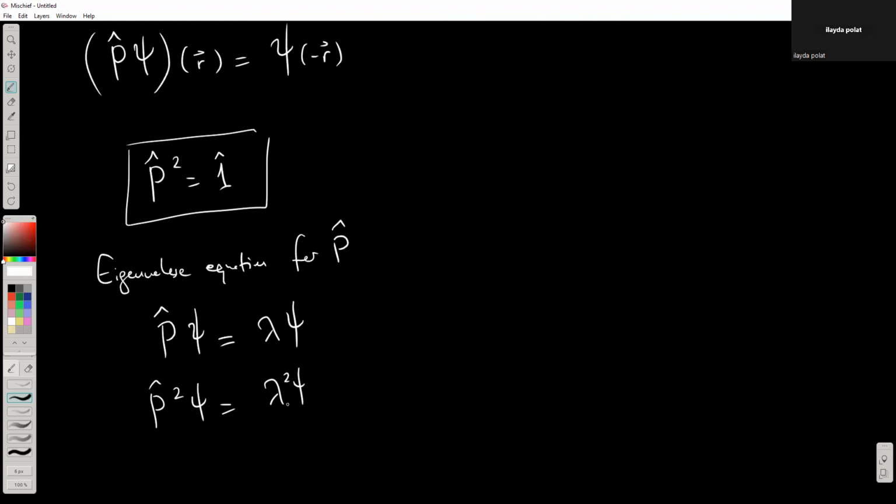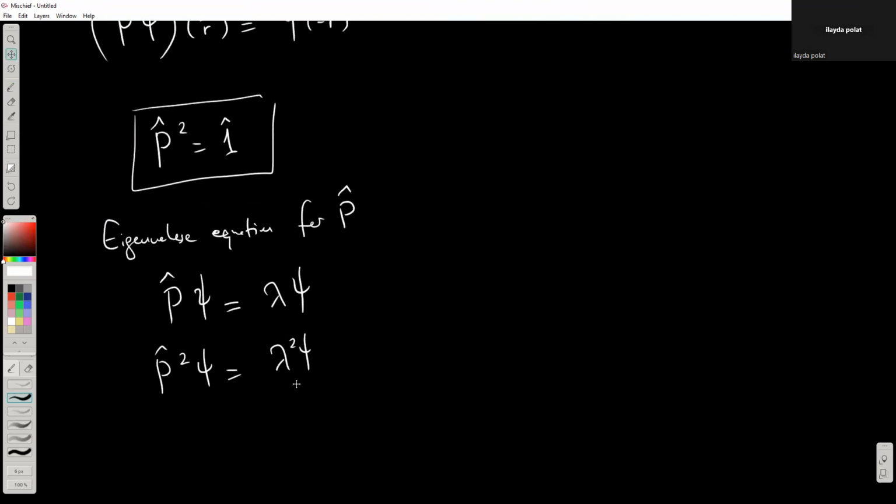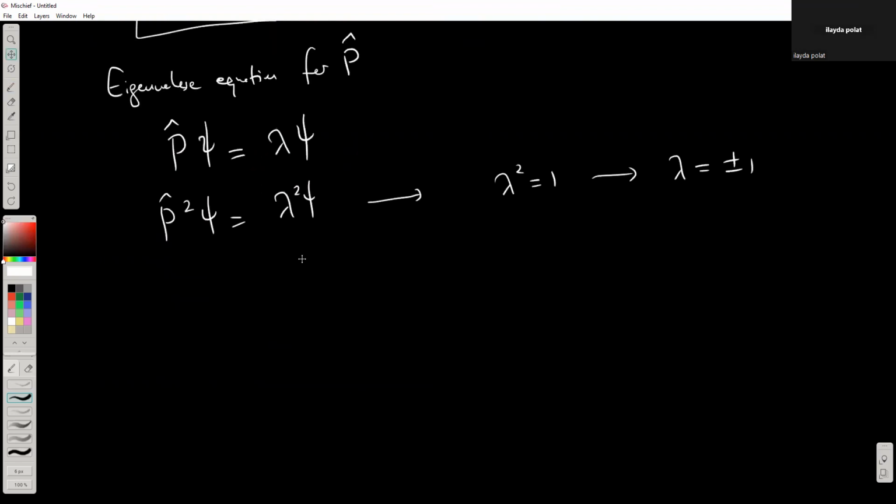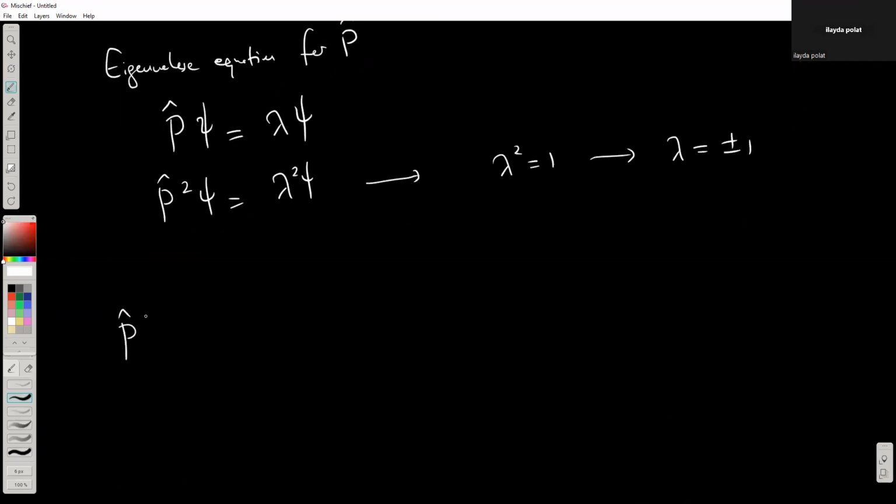If I apply P twice, I'm going to get the eigenvalue twice. But since P squared is equal to identity, this implies that lambda squared is equal to 1, which implies that the eigenvalue is either +1 or -1. Okay. So this implies that there are 2 possible parity states.